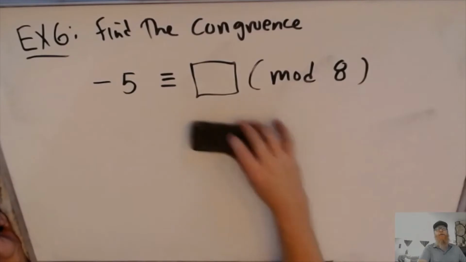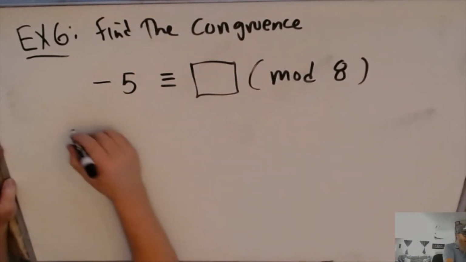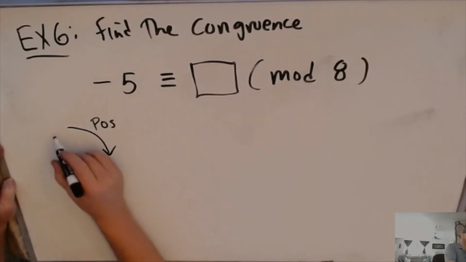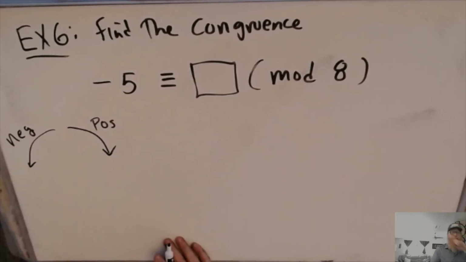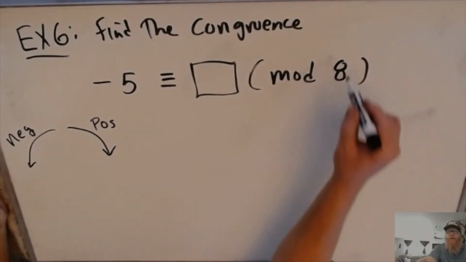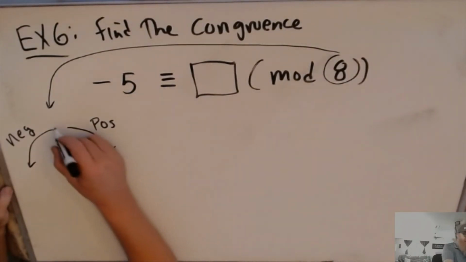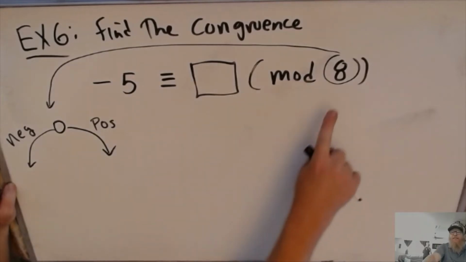Next, we're going to talk about negative numbers. Okay, so negative numbers. Now, keep in mind, positives go clockwise. Negatives go counterclockwise. The modulus is telling you who acts like 0. So 8 is like 0.